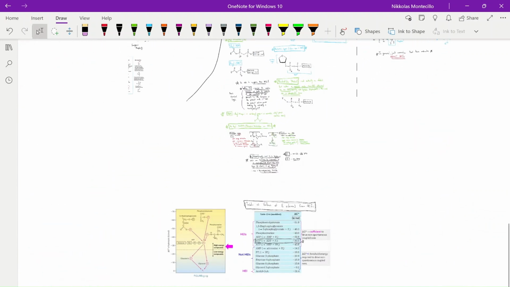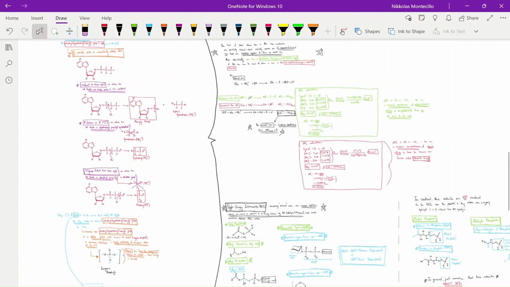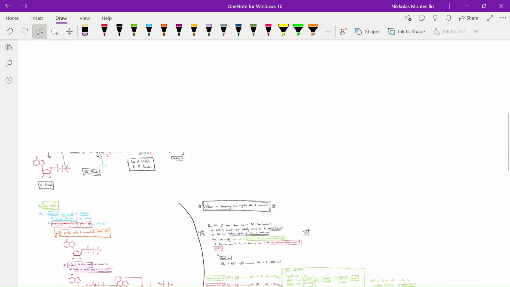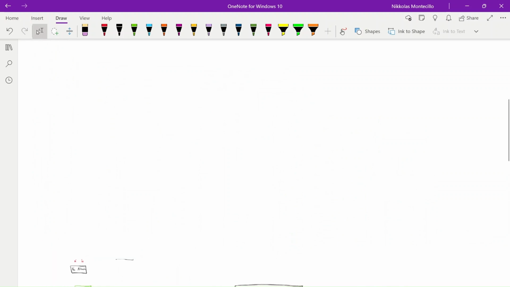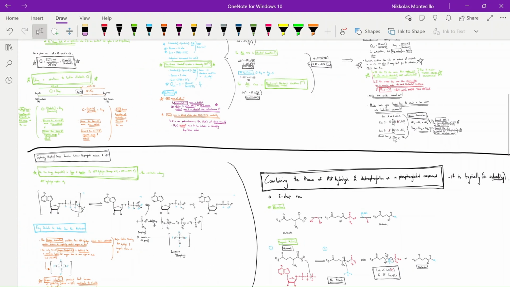With all this in mind, I'd say that we're essentially good for this section. So next time we'll be covering the reactions of glycolysis, or the breakdown of sugar.